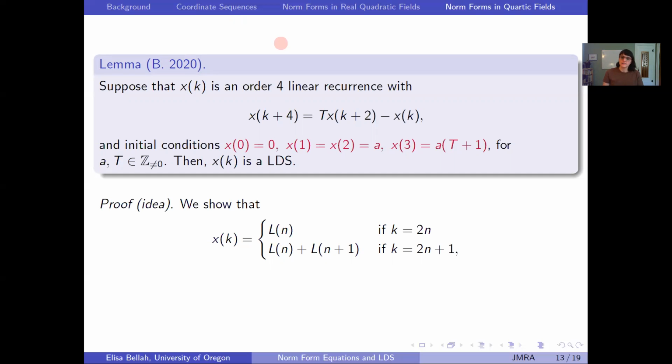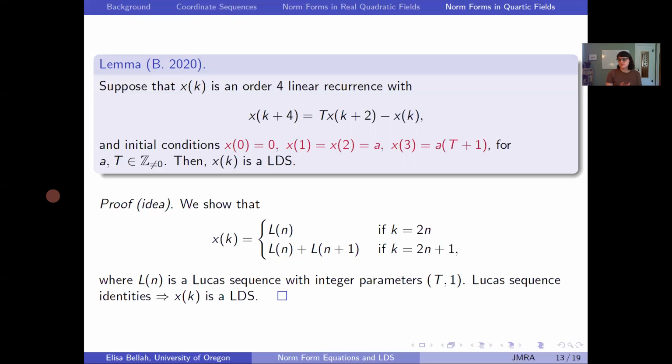This part isn't surprising because if you look at the recurrence, you can see that you have an order 2 subsequence sort of sitting inside of there, and it's initializing at 0. And then in the odd case, with a little bit of work, you can show that this is actually a sum of 2 consecutive terms in the Lucas sequence, where this is a Lucas sequence with parameters t and 1.